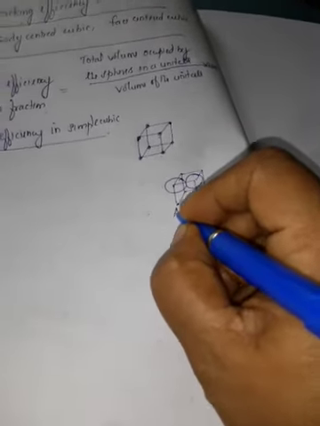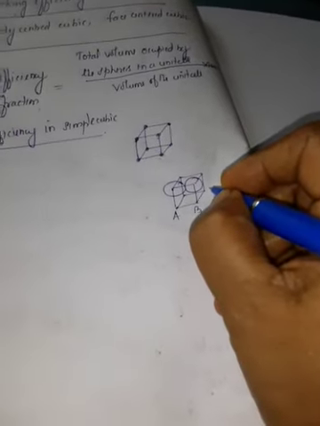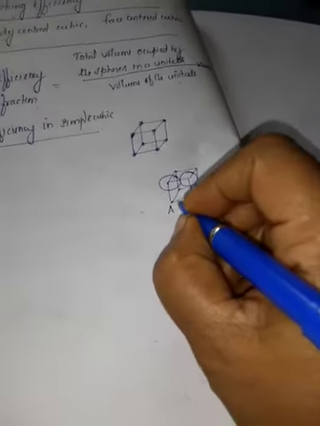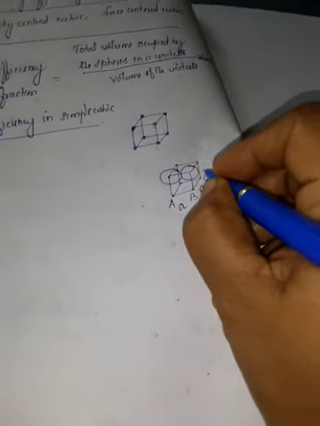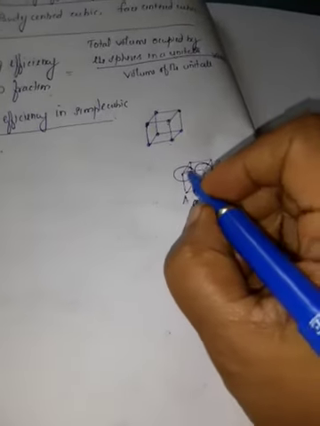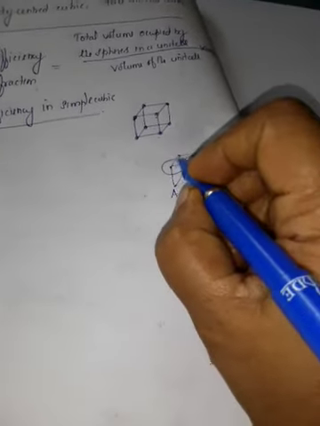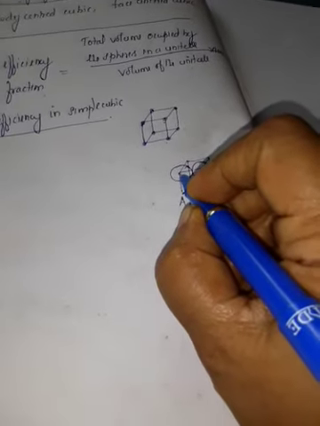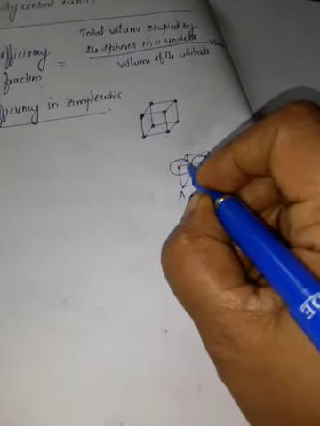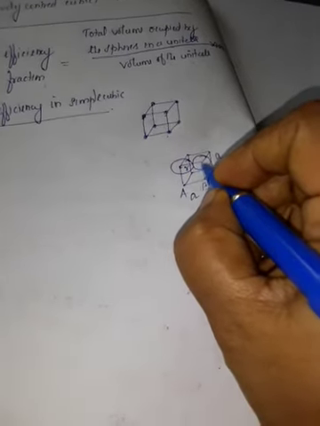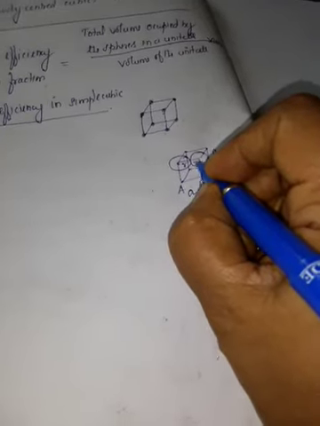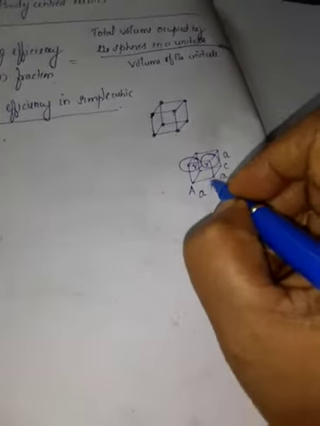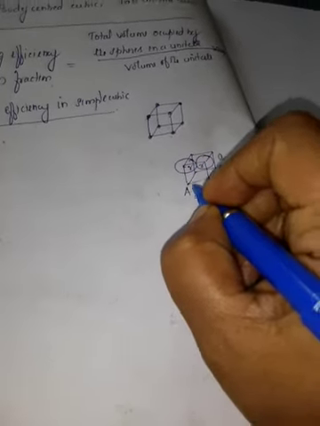Consider A, B, this is C. The length of this one is A, and this also is A. Here 2 atoms. From the middle of the atom to the edge is considered as the radius R. Here also from the middle to the edge is the radius R. R plus R, 2R. The distance A is equal to 2R.